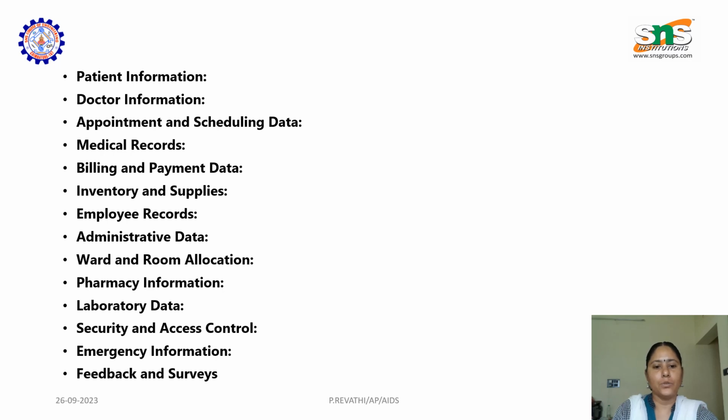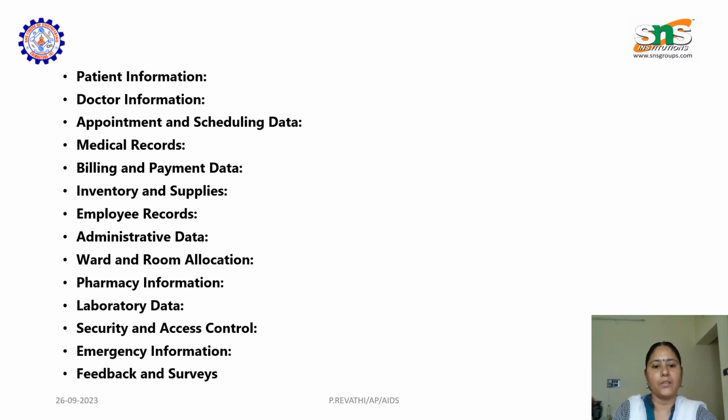Data related to hospital administration such as management decisions, policies and procedures. Ward and room allocation. Information about patient admissions, discharges and room assignments. Pharmacy information. Details about medications, prescriptions and pharmacy inventory.